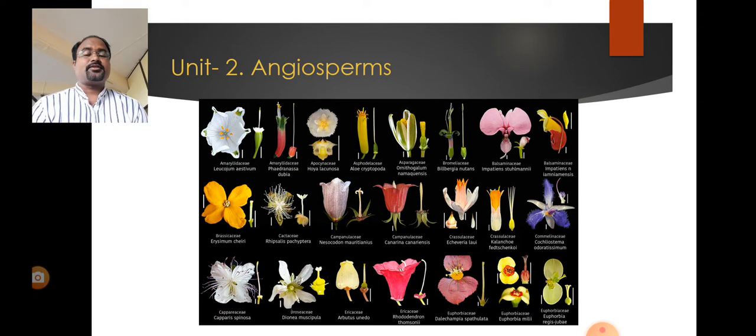But a number of microorganisms are related to particular species and are dependent on them, and we don't want to disturb our life cycle and our ecosystem. So every individual, even a microorganism, is important to save the earth. That's why we have to conserve all plants.